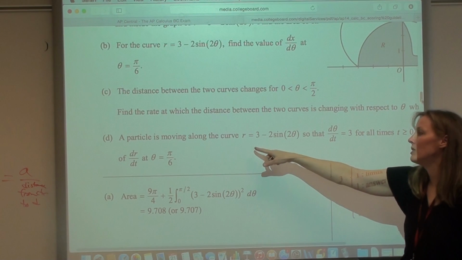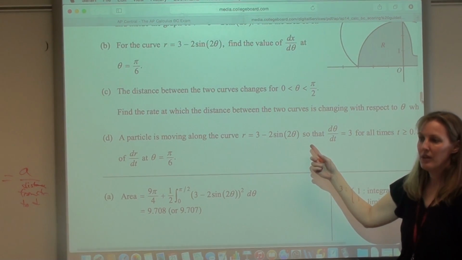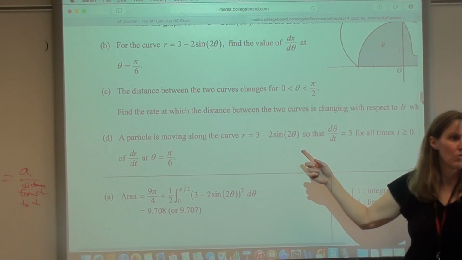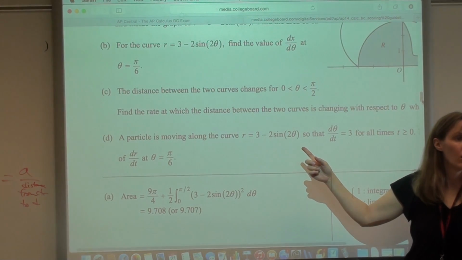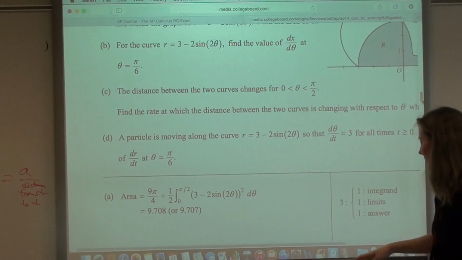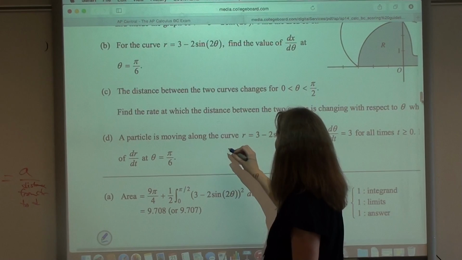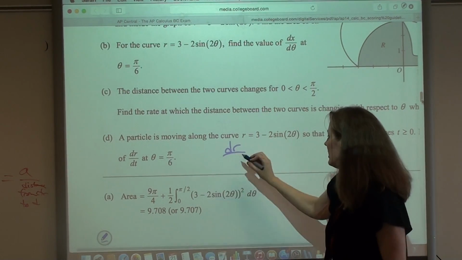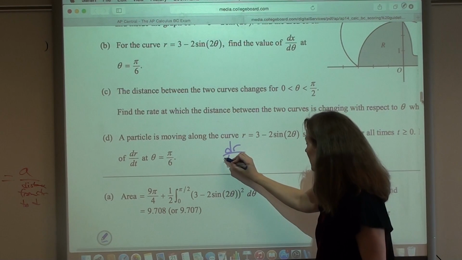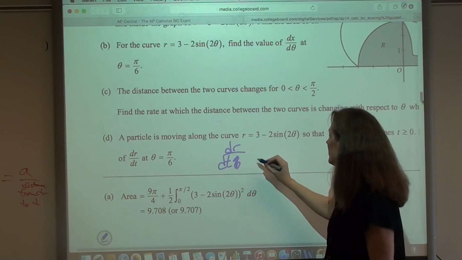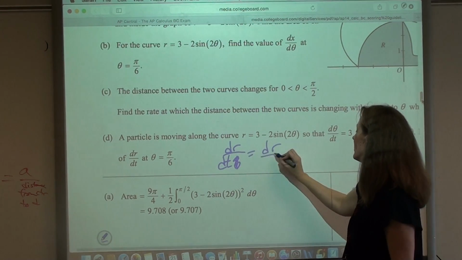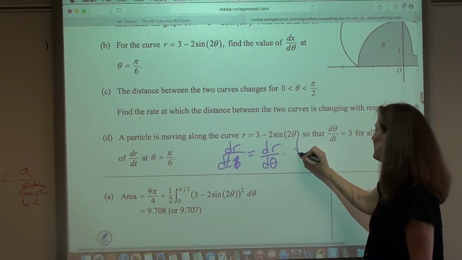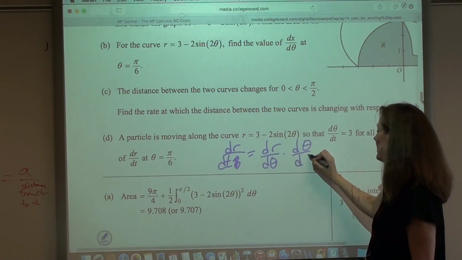To me, this is just a related rates question, right? How would they do it? Well, they did it like this. They said dr dt is dr d theta times d theta dt.